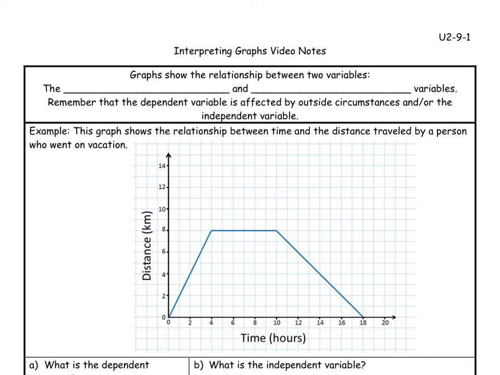So we talked about last night, graphs show the relationship between two variables, and those two variables are always the independent, which is the x, and the dependent, which is the y. Remember that the dependent variable is affected by the outside circumstances and or the independent variable.